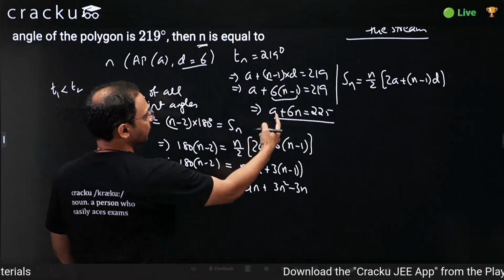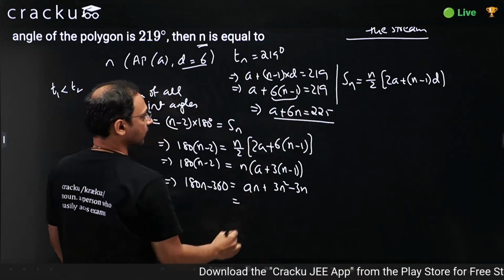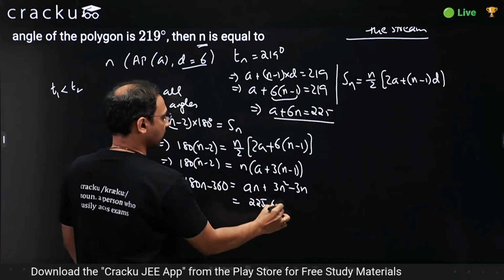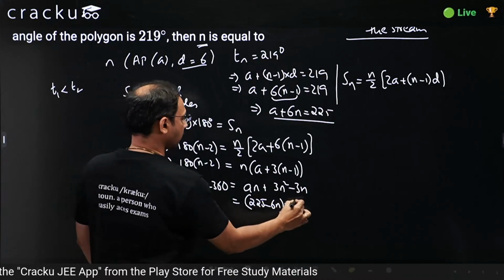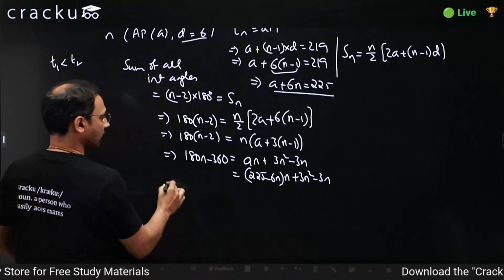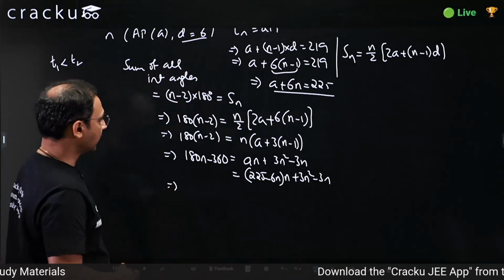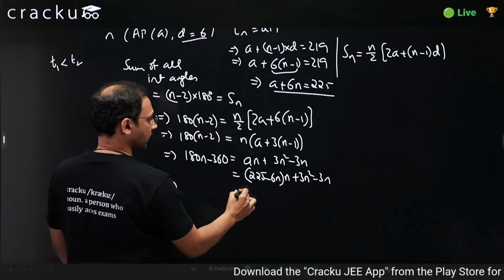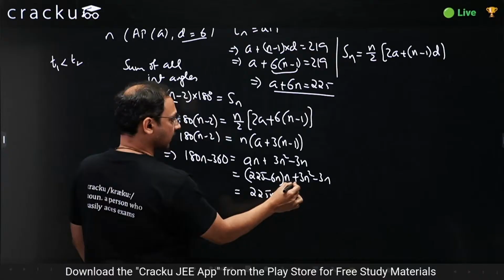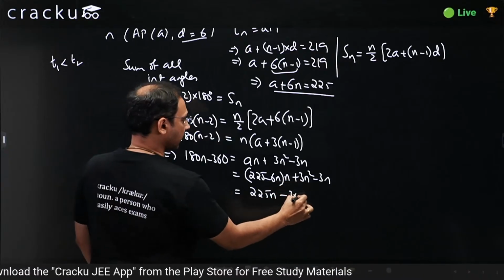So from here, let me take the value of a. So I would get 225 minus 6n into n plus 3n square minus 3n. So we get a quadratic in n. Let us simplify this. We get 225n minus 6n square plus 3n square will become minus 3n square.